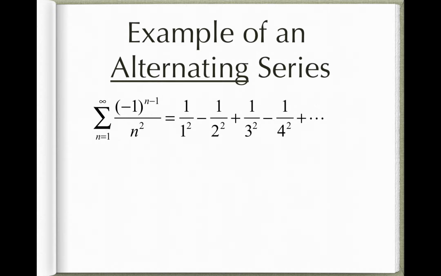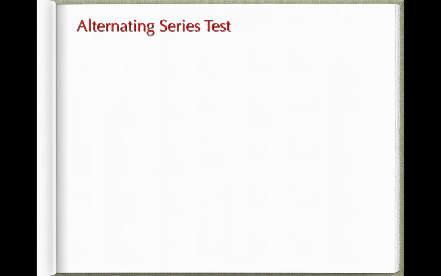I know you're thinking, another test? By the time we're done, we're going to have 10 different tests to determine the convergence of an infinite series. So we've got a test that we can use to determine whether an alternating series converges or not. This is what is known as the alternating series test.